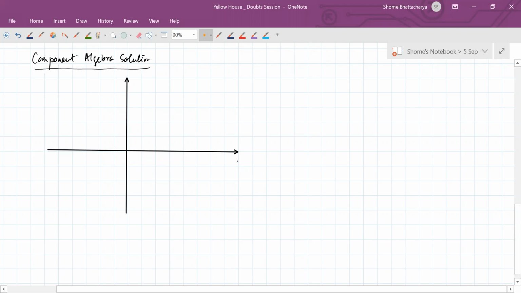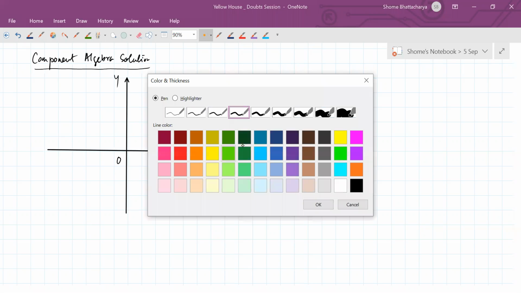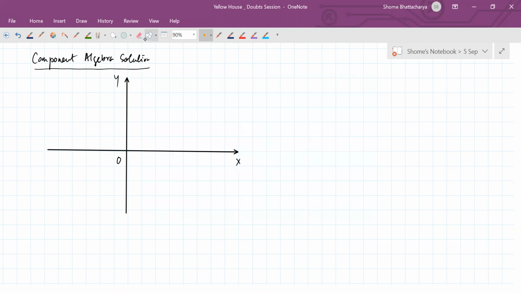Okay, so from the above diagram, the original triangle diagram that I had made, if you just pick up the individual vectors A, B, and C and put them on the origin over here. So you can see that the vector A is something like this.